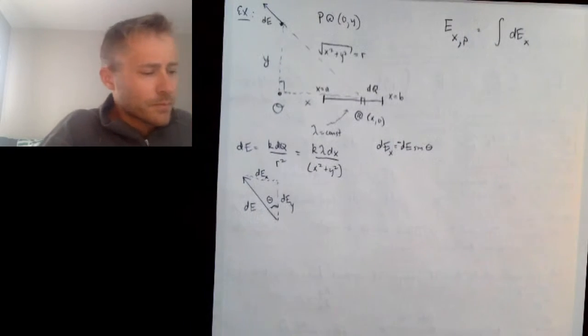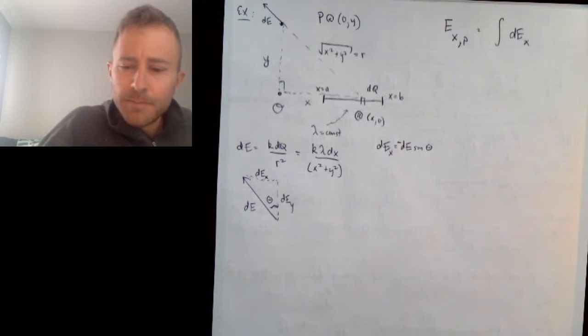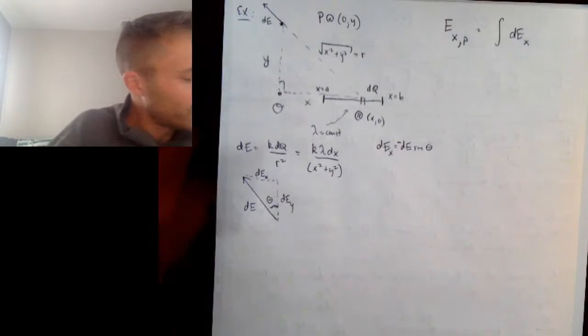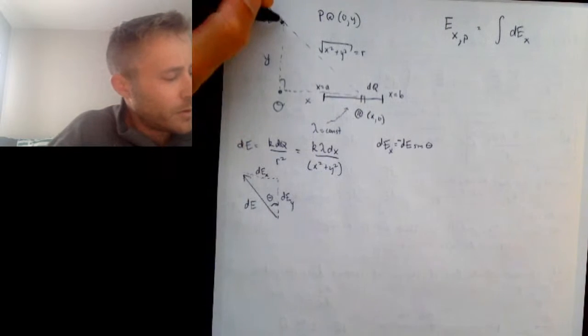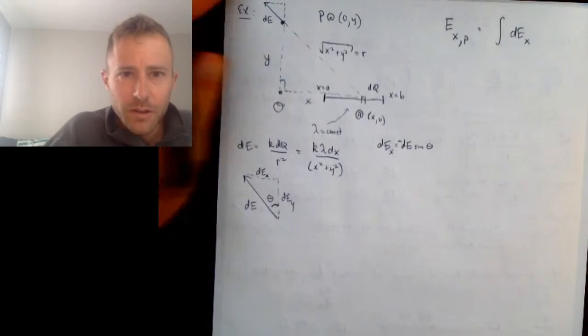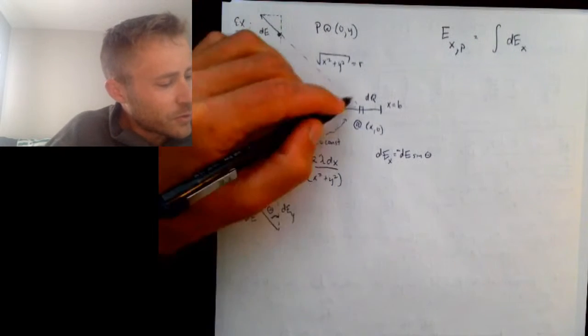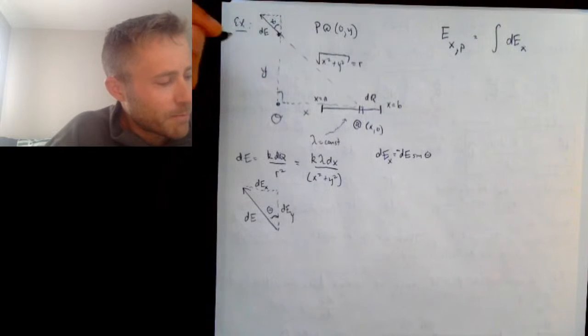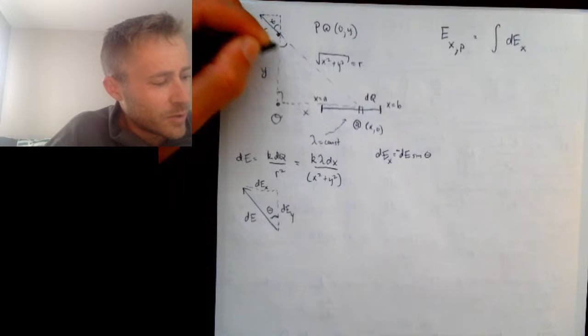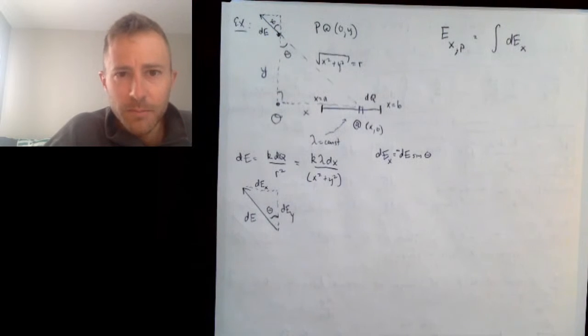Anyways, now here's something kind of interesting: this is a straight line, and this is a straight line, and this is your angle theta. So that means that this is also the angle theta.